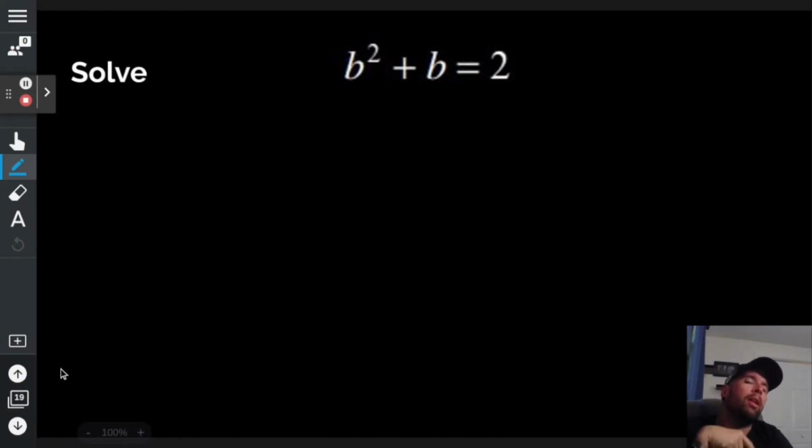Now, when you solve a quadratic, you are dealing with something called the zero product property. I almost misspoke. Zero product property. What's that?